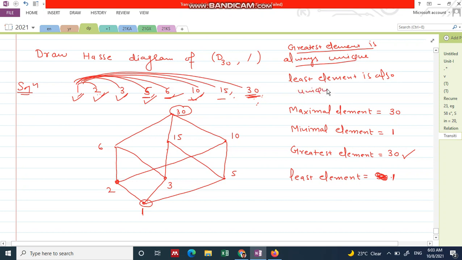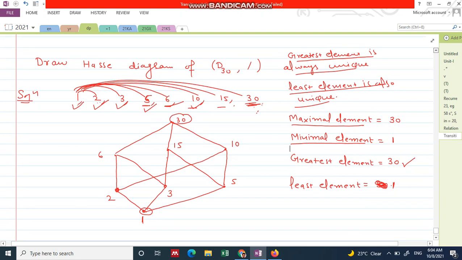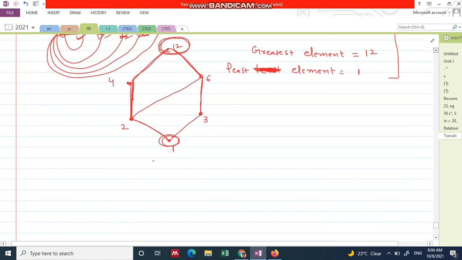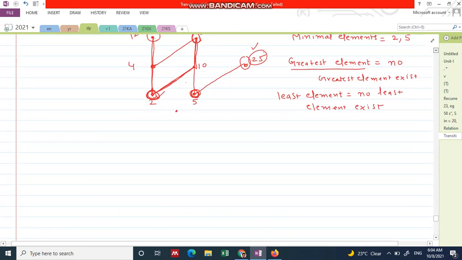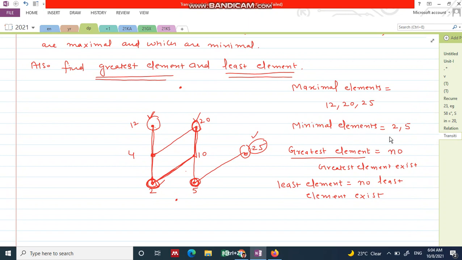But we can have more than one maximal element and more than one minimal element, as we can see in this example.